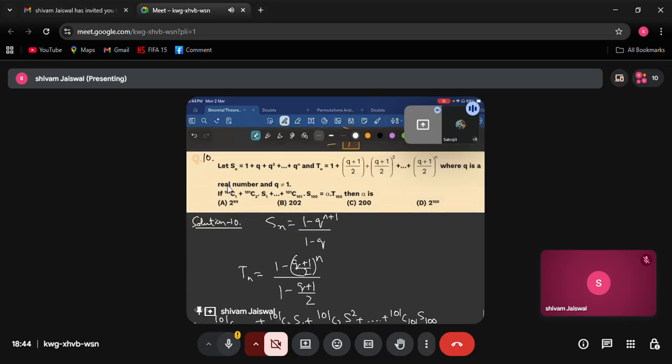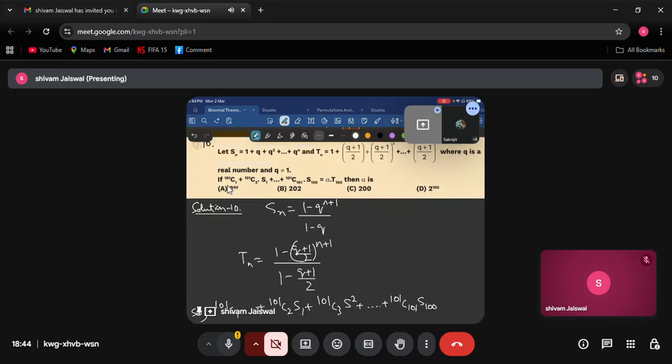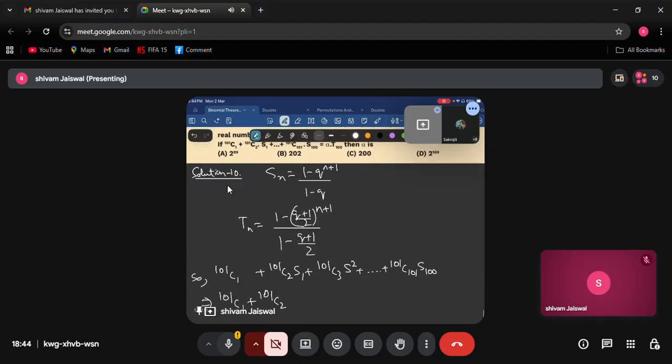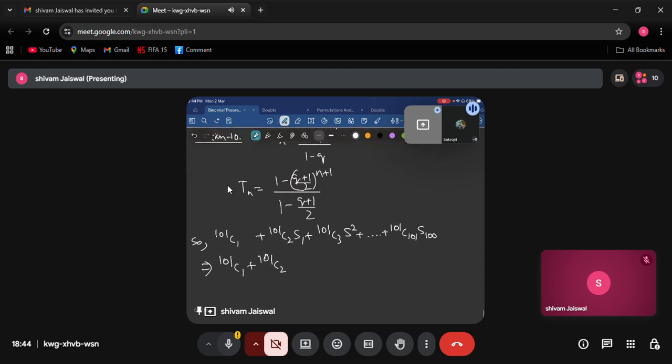So 101C2 into S1 will be q square minus 1 upon q minus 1, plus 101C3 into q cube minus 1 upon q minus 1, plus dot dot dot plus 101C101 into q to the power 101 minus 1 upon q minus 1.